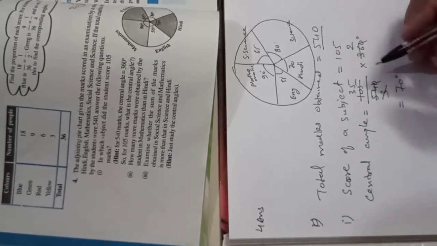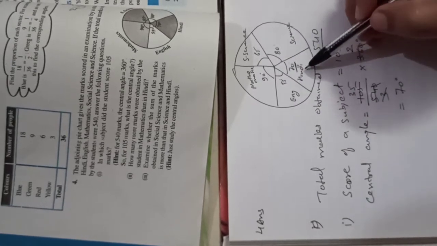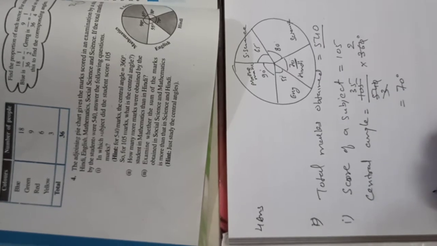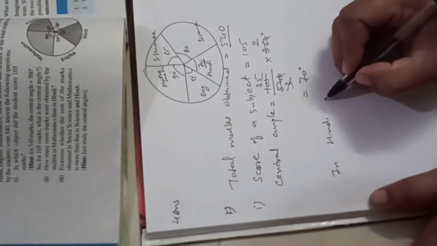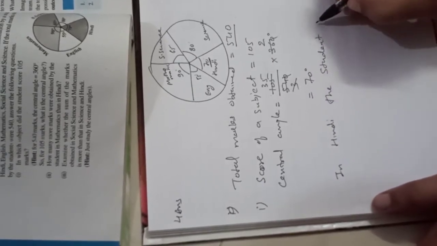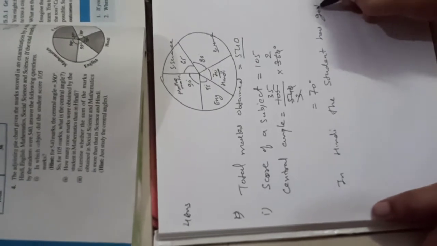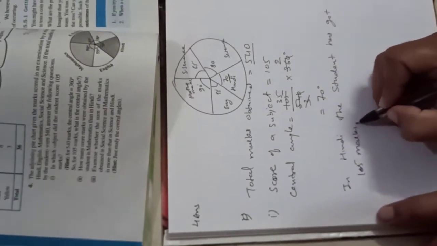Here we match which subject has 70 degrees. So see, 70 degrees is for Hindi. So in Hindi the student has got 105 marks. So this is our first part.